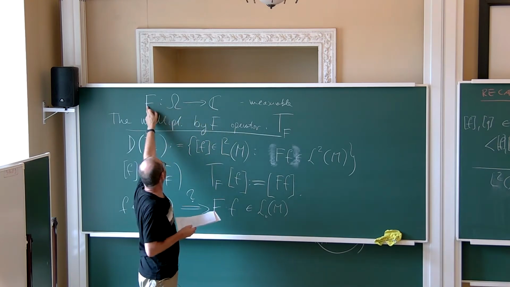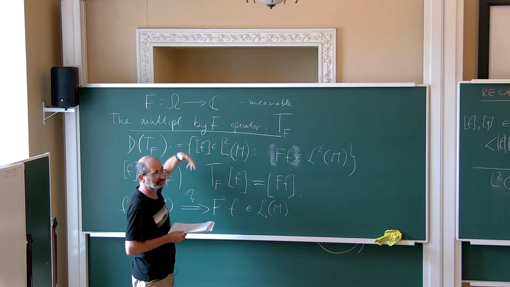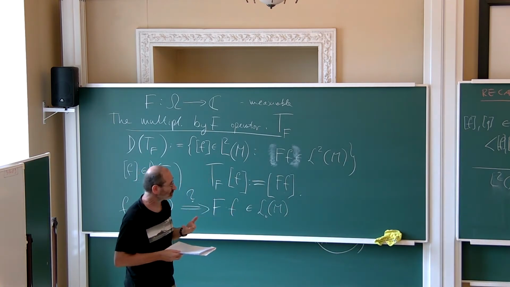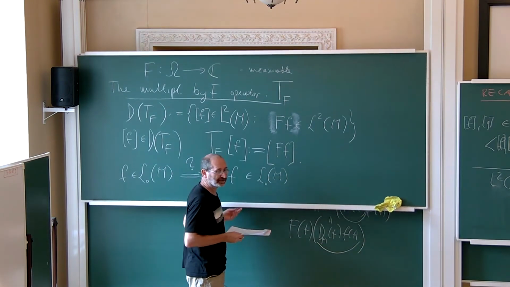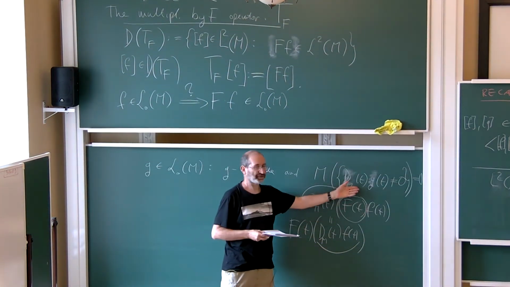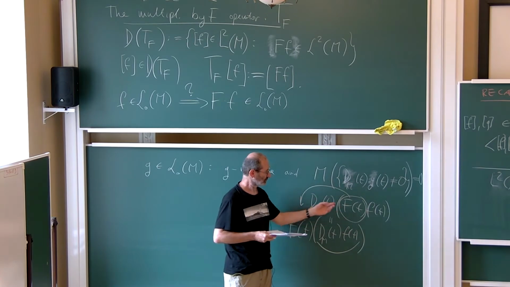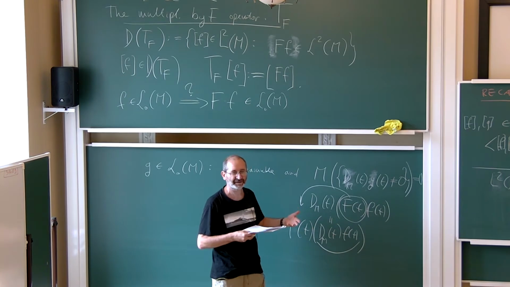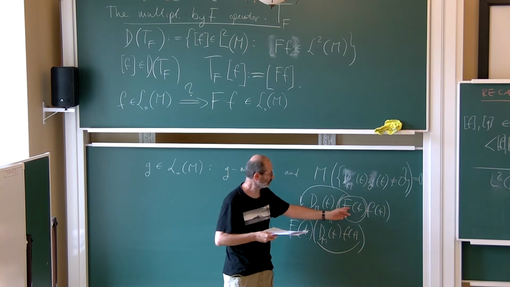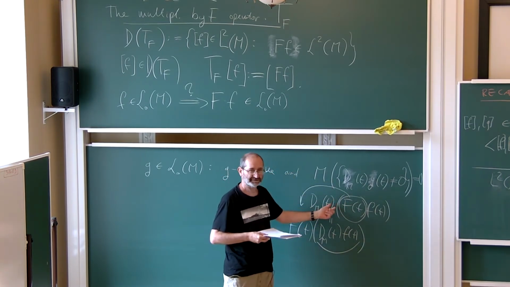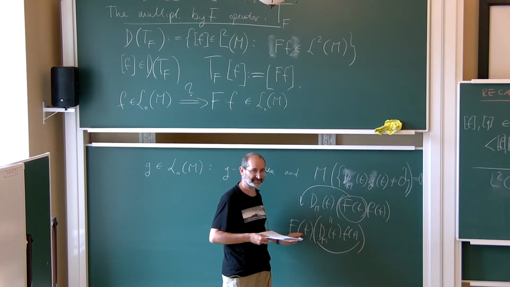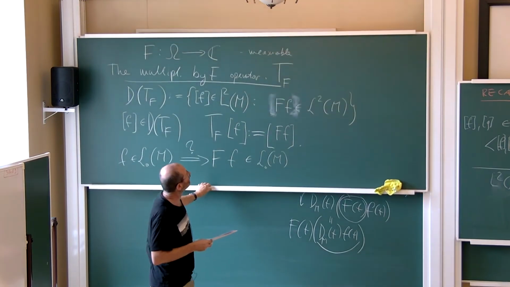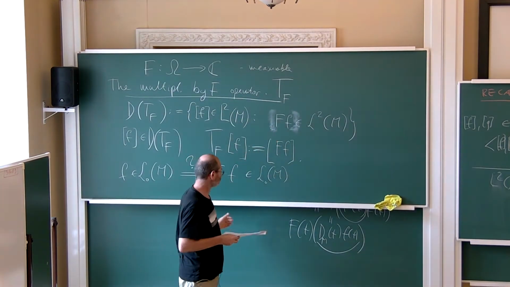So if for each t, f of t would be a matrix, it will not be so easy to obtain a properly defined operator. But for some classes of matrix functions it works. If we have commutativity, yes, we can make the same formula. But here we consider only scalar functions.